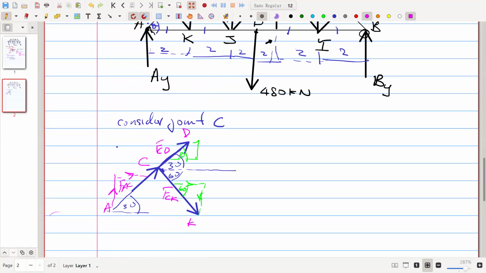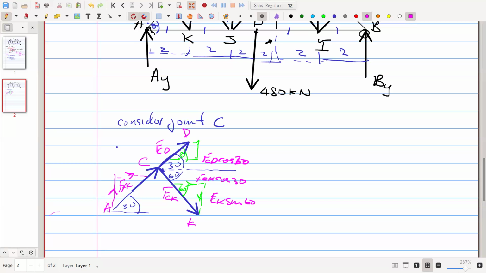This would be F_CK sine 60. So one up here will be F_CK cos 60. This one up here will be F_CD cos 30.